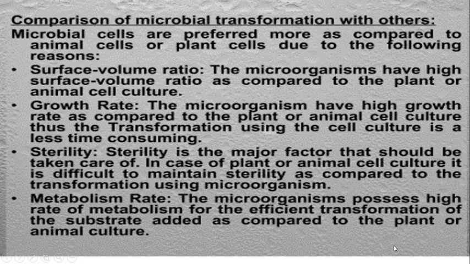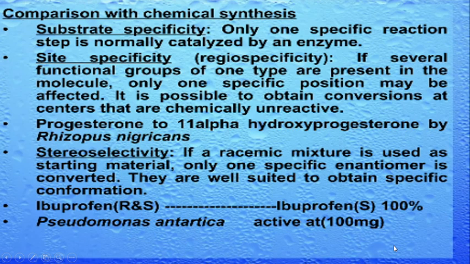There will be multiple chemical reactions happening, with many inputs needed. So it is economically draining, whatever is produced will be very costly, and since multiple reactions are there, it will be time consuming also. So let's also compare microbial transformation with chemical synthesis.